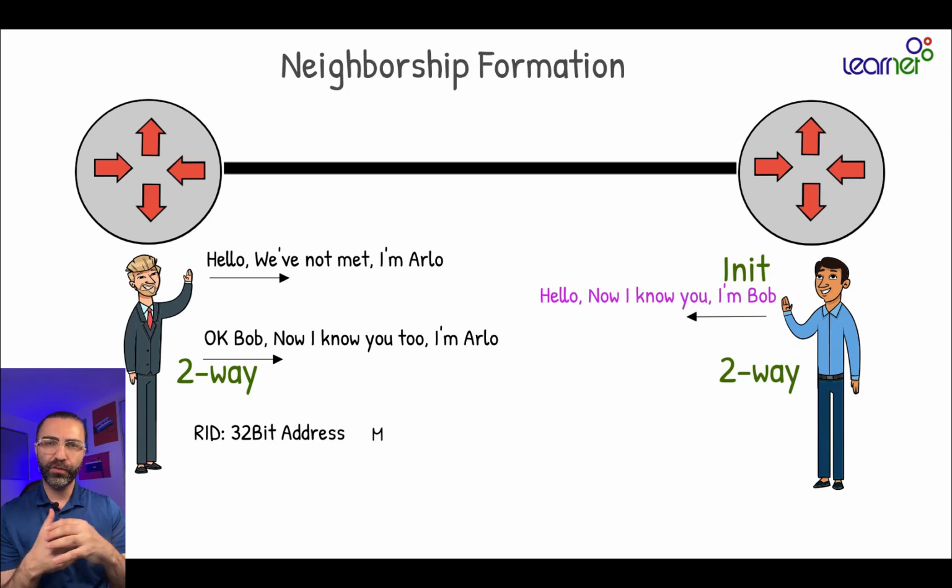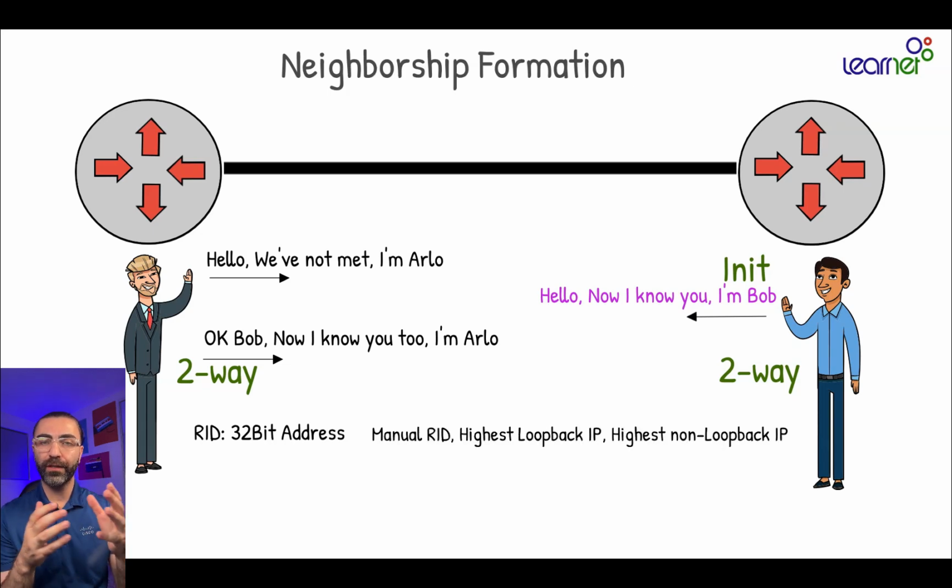There are some options to configure this or let the router pick the router ID. First of all, you as the administrator can configure the router ID on your router, which I'll show you in the next video. If you don't do that, the router will pick the highest loopback IP address and select it as the router ID. So if it has multiple loopback addresses, it picks the biggest, or the highest, one.